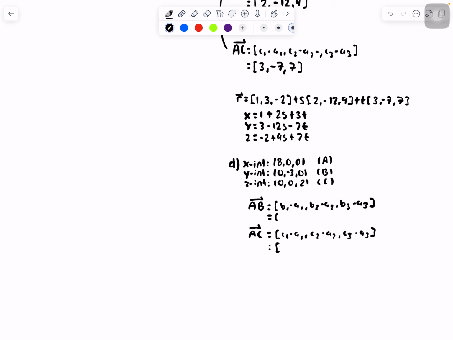Okay. So what do we have? AB, it's going to be the y-intercept minus the x-intercept. 0 minus 8, -8, -3, and 0.